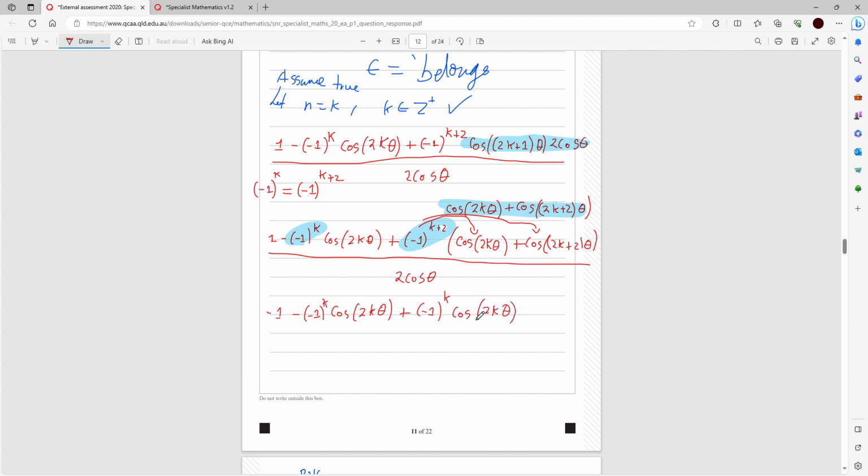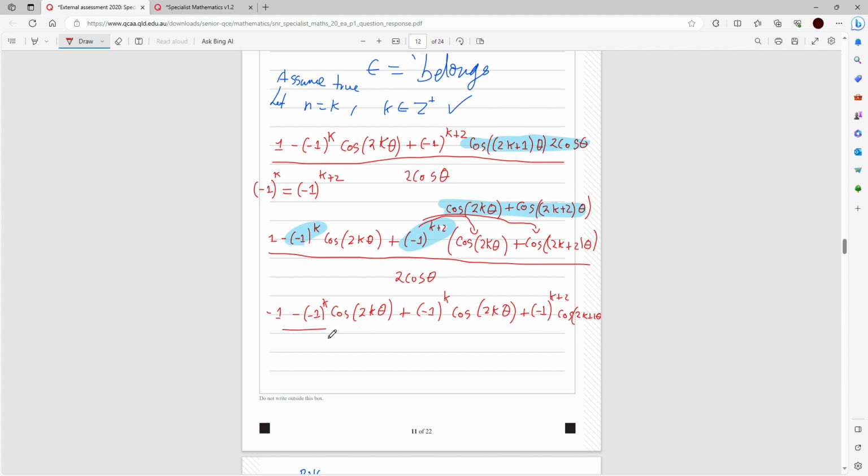Now I'm only going to change this first term, only this one here. I'm still going to leave this bit with negative 1 to the k plus 2, and you'll see why in a sec. Plus negative 1 to the k plus 2, cos of 2k plus 2 theta.